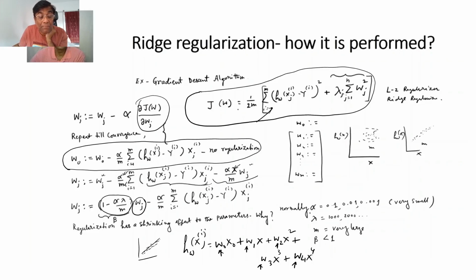Now this term will always try to annihilate Wj if they are not required. And you will see if the data is such that it does not require some irrelevant features like this and this, it is not required. So what you will get, substantially, you will get W0, W1, W2 values when it converges, and you will get very small values for the rest.